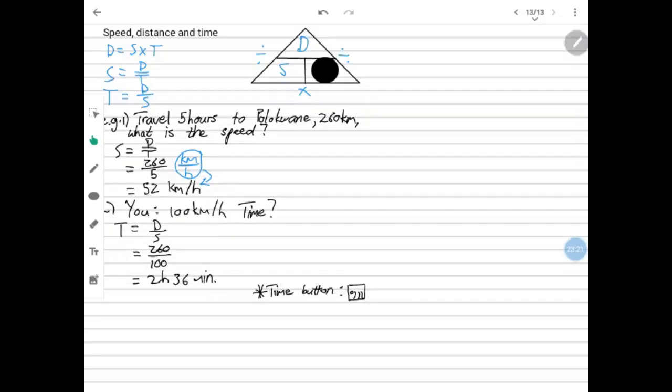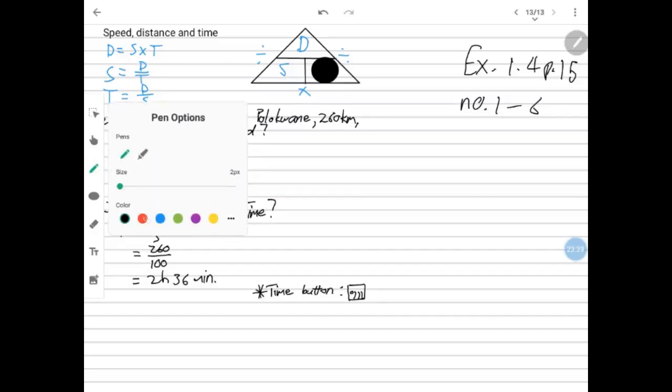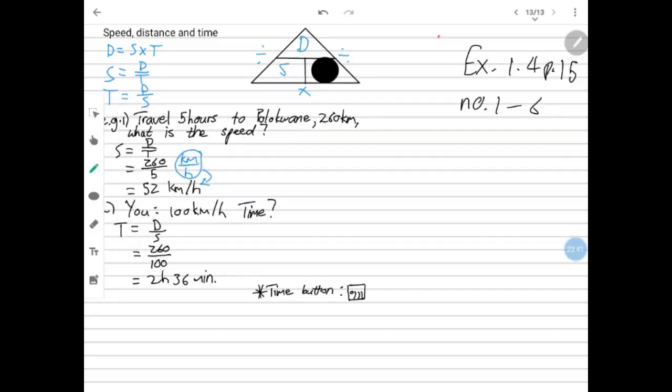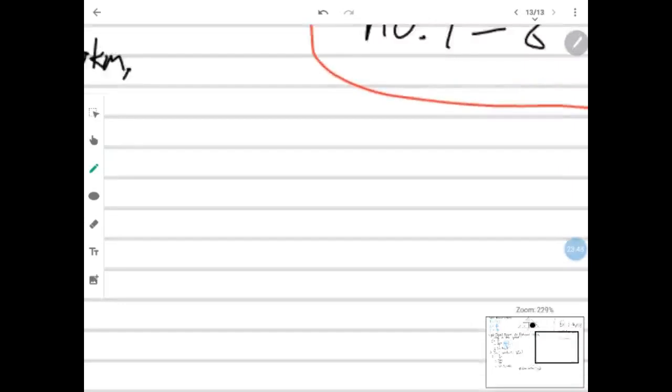Let's write that down. It's exercise 1.4, on page 15. It's number 1 to 6. We'll get to the others still, and then you can do them. There's your homework.